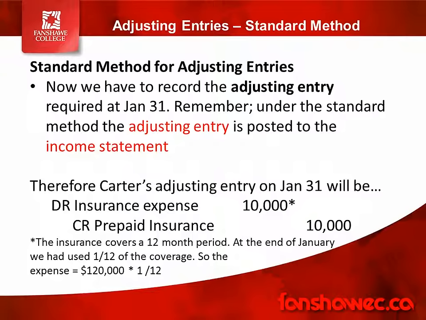If you look at the bottom here, I show the calculation: we had $120,000 in prepaid expenses, and we've used 1 out of 12 months. For every month we use, we put $10,000 to the insurance expense account. So we would debit insurance expense and credit prepaid. That's the monthly entry that needs to be done.